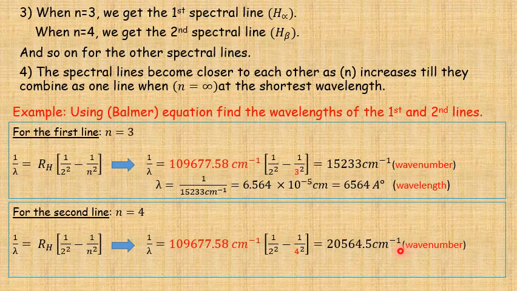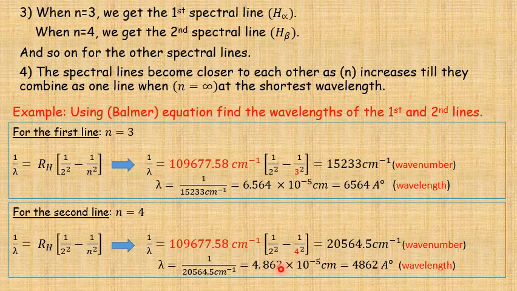To get the wavelength, also we can flip this number and here is the answer of the wavelength. In centimeter first, then multiply it by 10 to the power of 8, we can change it into angstrom. So this is the final answer for the wavelength of the second line in Balmer series.